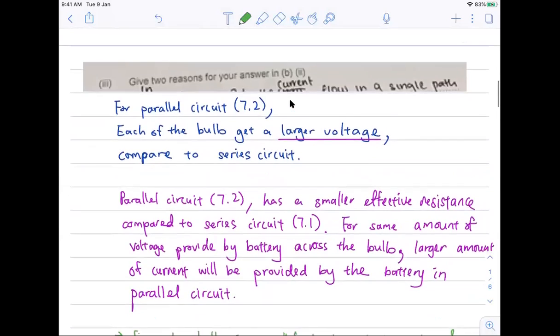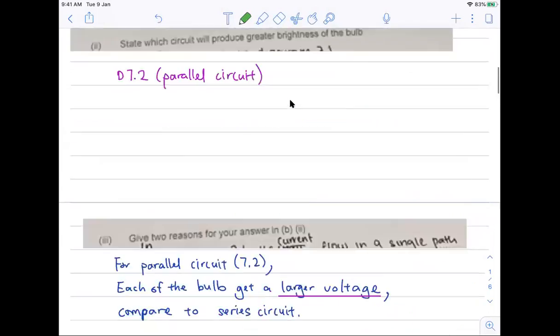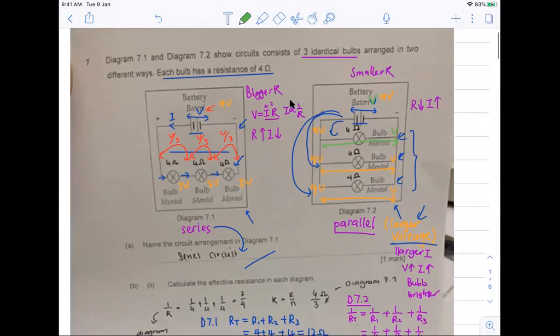So this question, if you want to be really safe, you can actually draw out the circuit. You can draw out the circuit, and then you show all the calculation, how the 9 volt can split into 3 volts. So my tuition teacher used to tell me that the examiner will read everything that you try to explain, even if it's in a form of diagram or in a form of calculations.